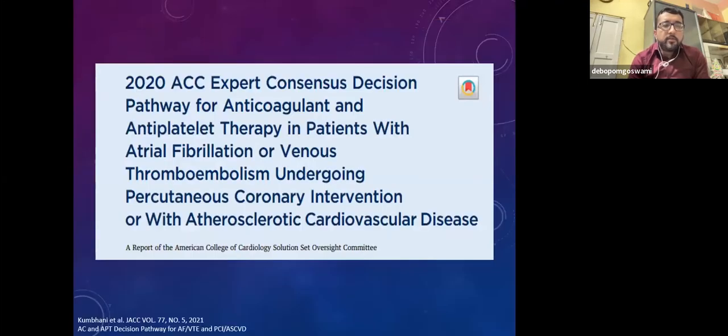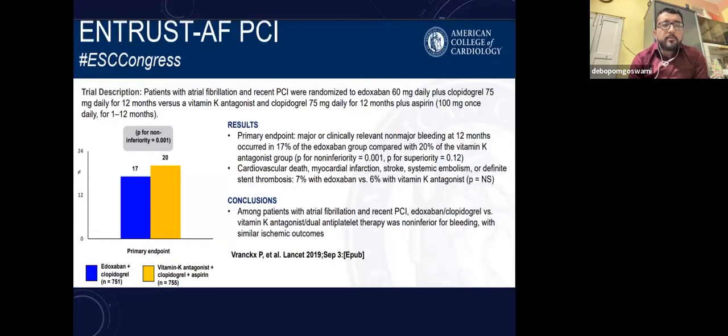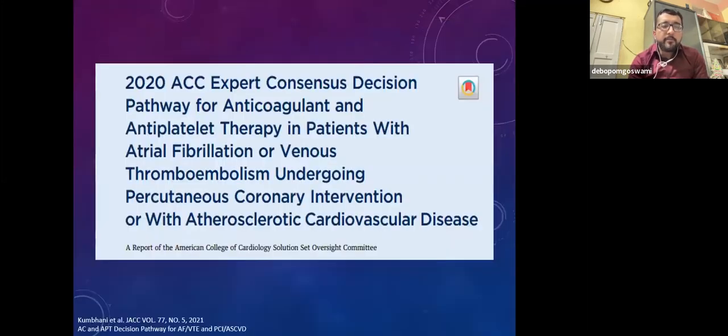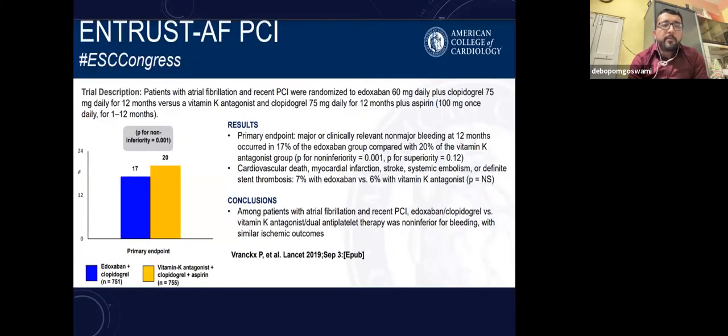So the patients with atrial fibrillation and recent PCI were randomized to edoxaban 60 milligram daily plus clopidogrel 75 milligram daily for 12 months versus a vitamin K antagonist and clopidogrel 75 milligram daily for 12 months plus aspirin. Coming to the results, primary endpoint, major or clinically relevant non-major bleeding at 12 months occurred in 17% of the edoxaban group compared with 20% of the vitamin K antagonist group.